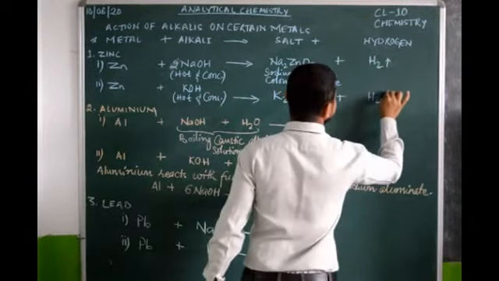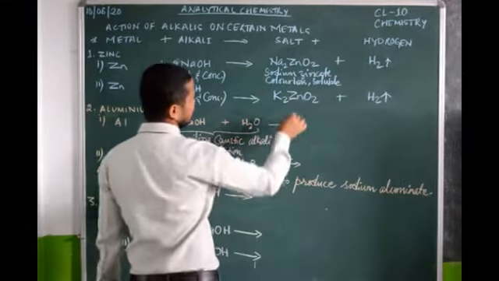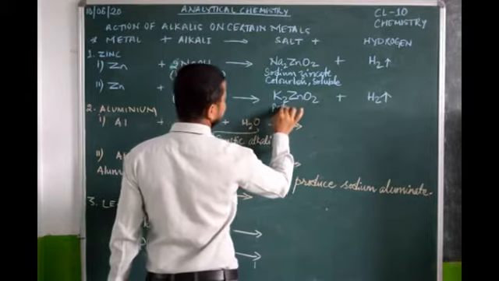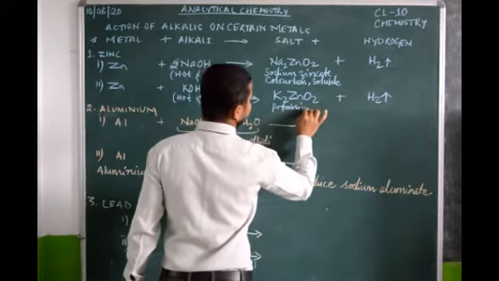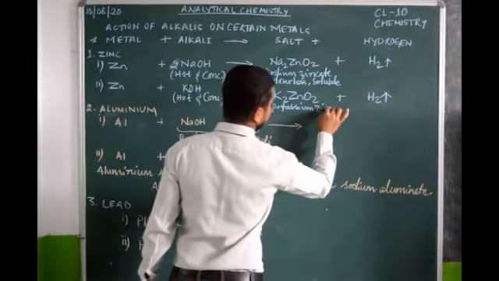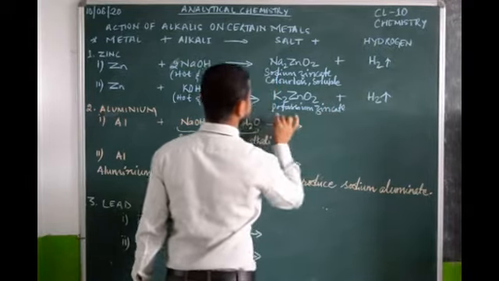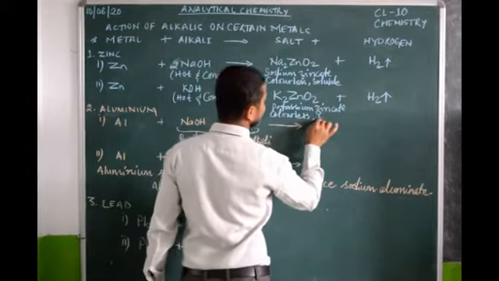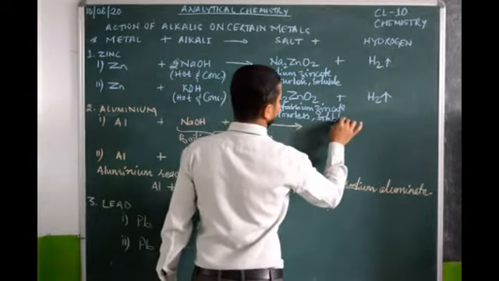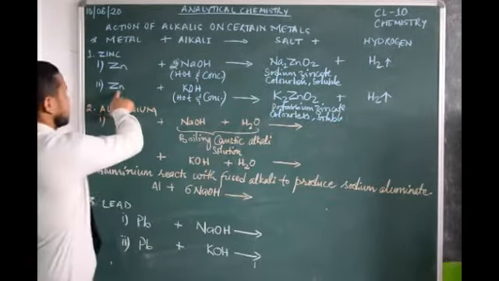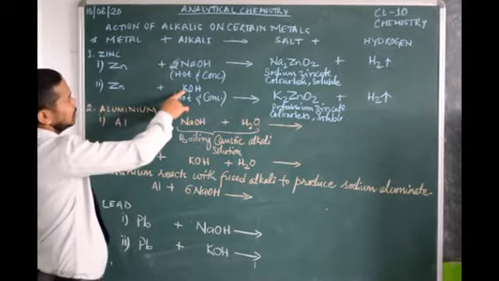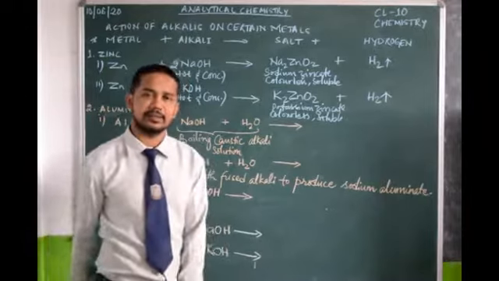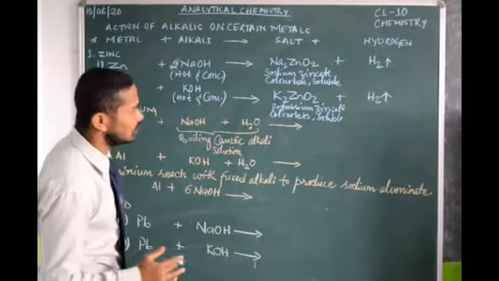Sodium zincate, and here it is potassium zincate. It is also colorless and soluble. This is colorless because zinc is colorless and potassium hydroxide is also colorless, so we will get a colorless salt.